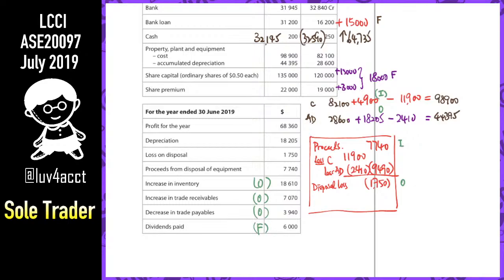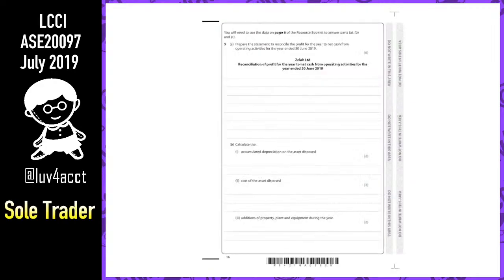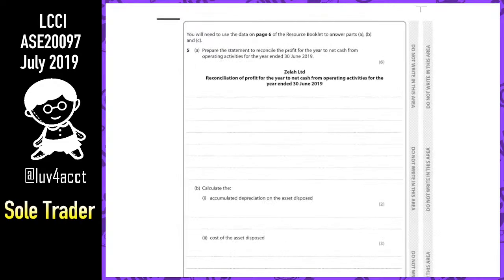So now we have finished everything that we need to work on the answers on the coming parts. So let us put the reconciliation. Okay, so here we have the net profit for the year.